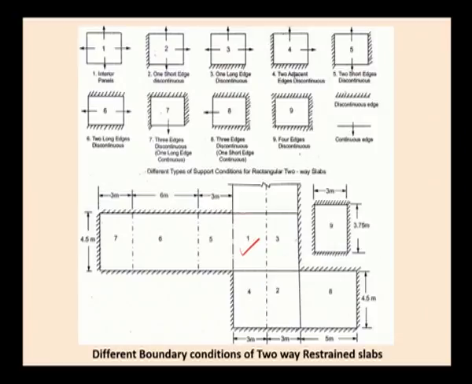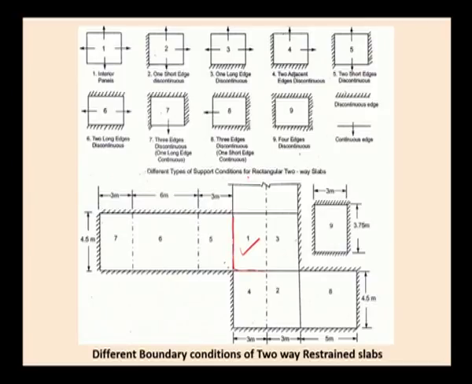Here the four sides are continuous, four edges are continuous, that is, continuous over the support, which has another panel also. Here we have another panel, here the 5th panel, and here the 3rd panel. So this panel is called an interior panel.